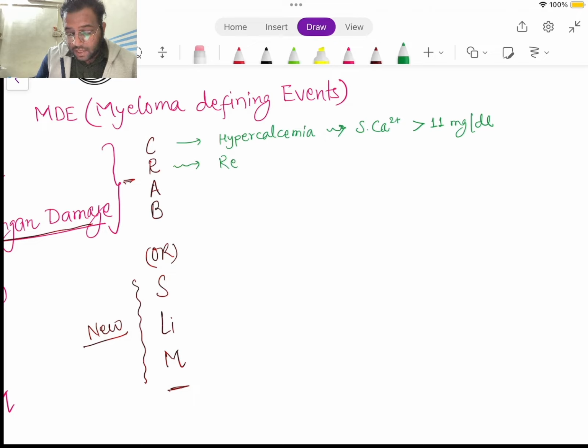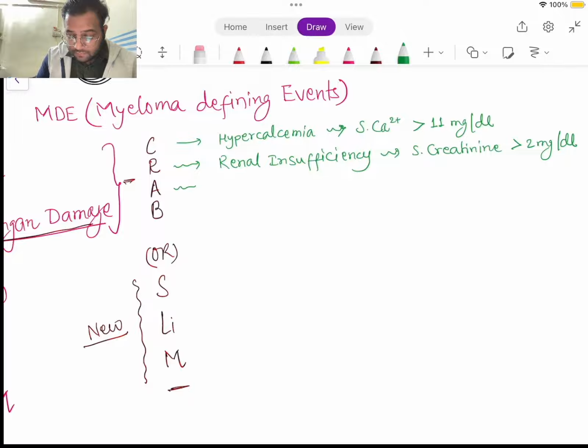Then R stands for renal insufficiency, which is denoted by serum creatinine more than 2 milligrams per deciliter. Then A for anemia, which is denoted by hemoglobin levels less than 10 grams per deciliter.